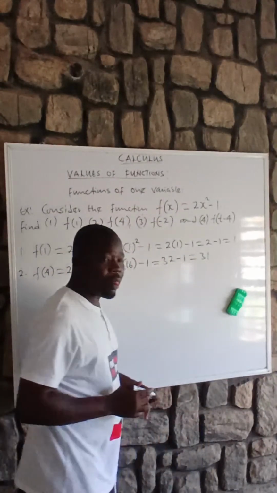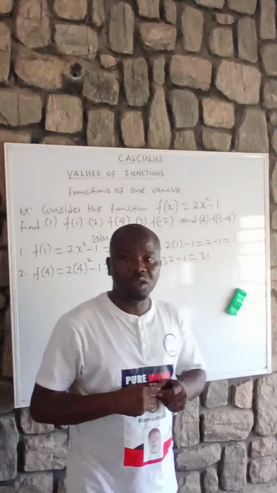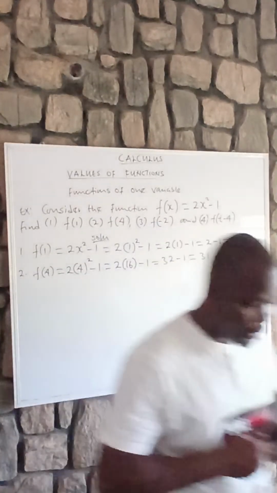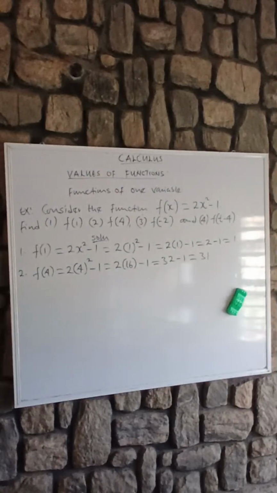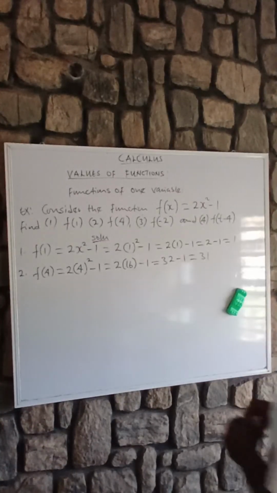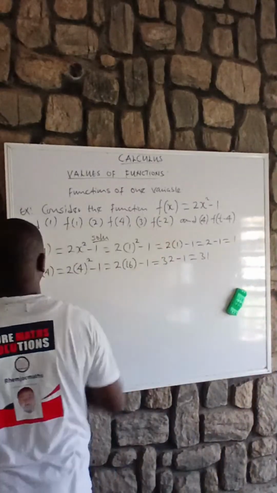Are you following? I hope you are understanding. Any question? Do you have any question? No question? So it means we can proceed, right? Okay. Let's move further to consider this 3.